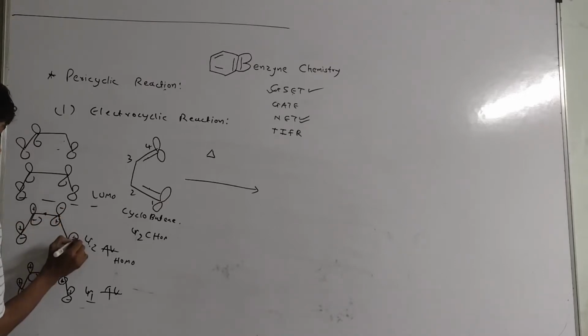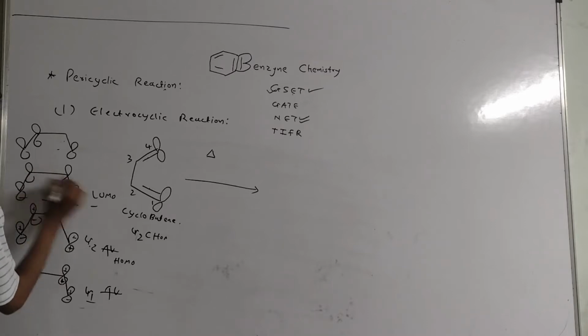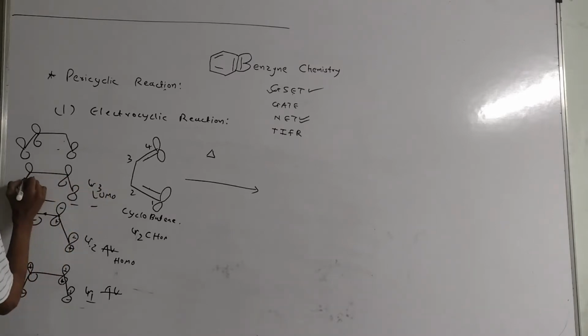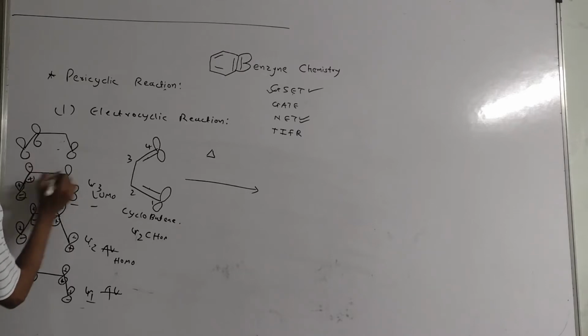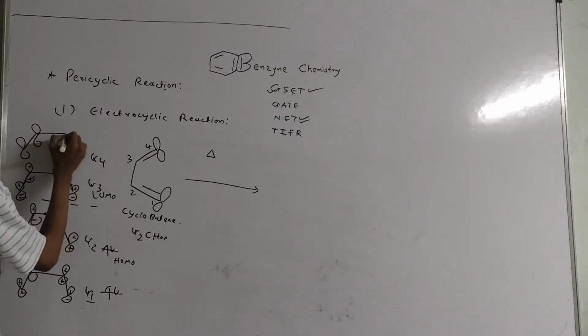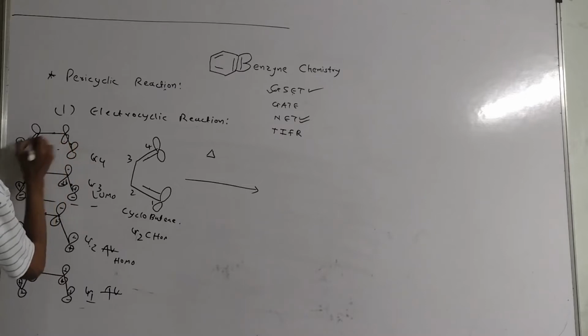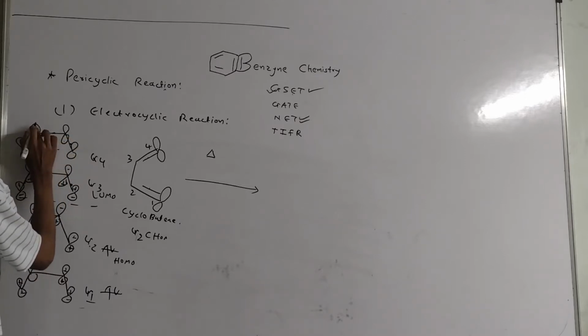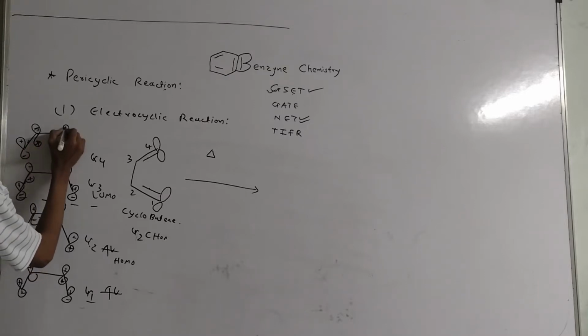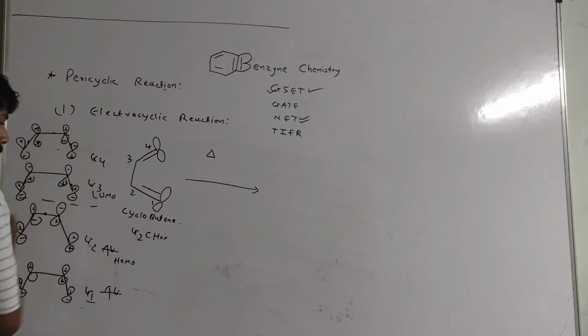In the LUMO case, psi 3, there are 2 nodes, so the sign changes, is similar, and changes again. In psi 4, there are 3 nodes, so all the p orbitals have different signs.